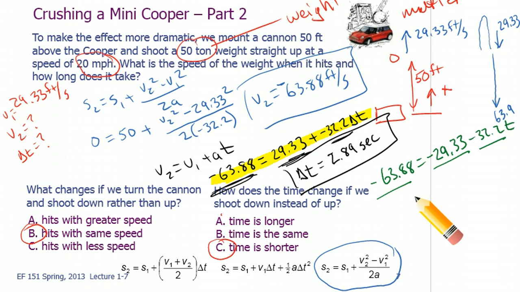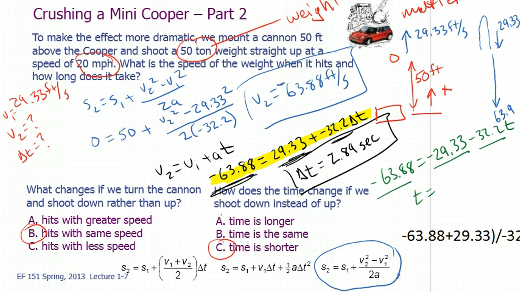I believe that will give us, I'm going to double check here, looks like minus 63.88 plus 29.33, quantity divided by minus 32.2.